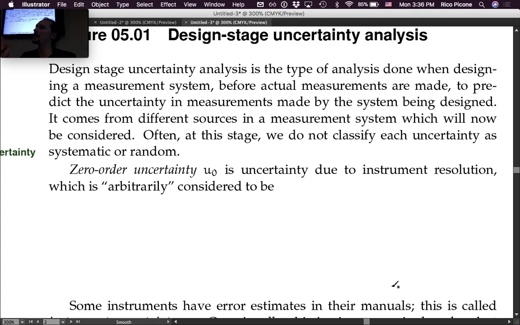So maybe they calibrate it, and their calibration gives them a 95% confidence that you'll be within 0.1 kilograms at 1 kilogram, and that's what they'll tell you. The error is 0.1 kilograms, and then you have to say, oh, that's my uncertainty, and if they don't give you a probability, you have to assume it's 95%, which we'll mention. So if that's uncertainty, then we could say that we're then 95% certain.